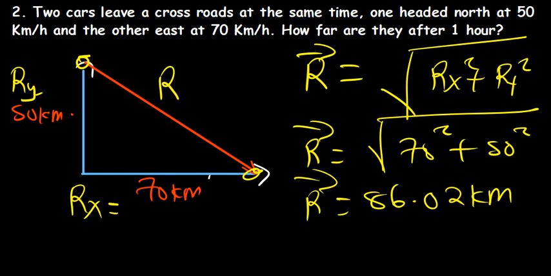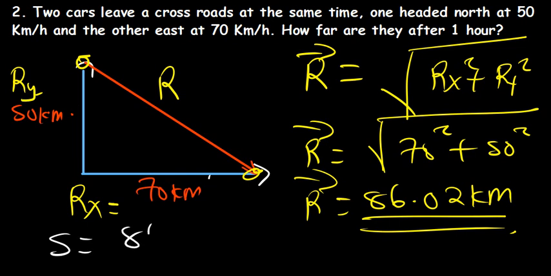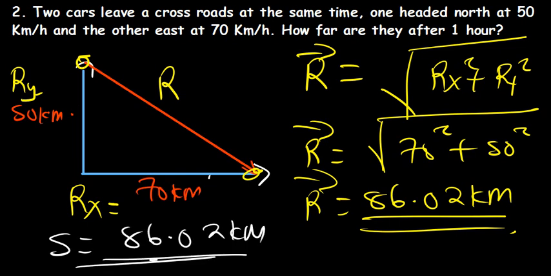So how far are they after 1 hour? The distance at that point is going to be 86.02. You can say the displacement, which is S, will be equal to 86.02 kilometers. That is it for this question.